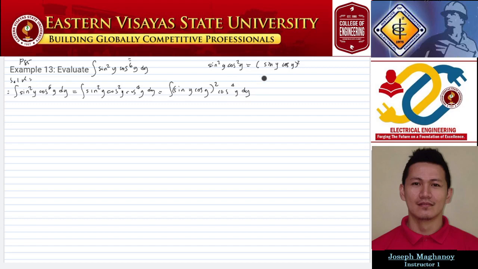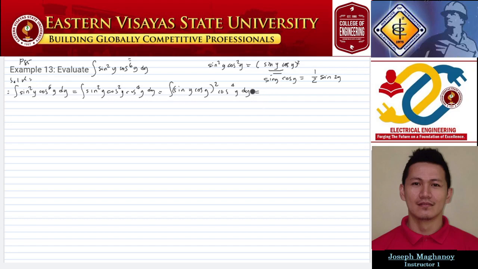Okay, so our next step is to use this identity. Sine y cosine y for substitution is equal to 1/2 sine 2y. Okay, so we can replace this one.